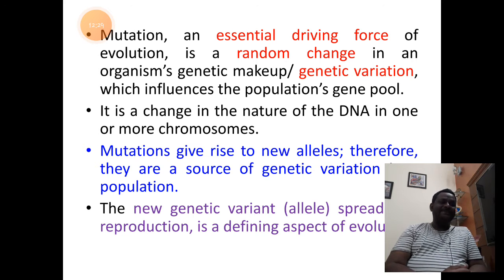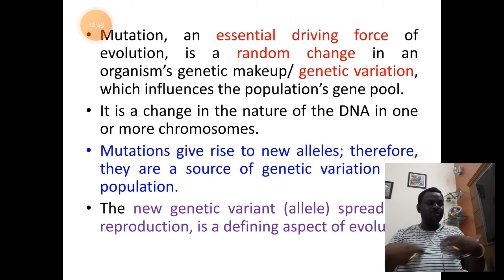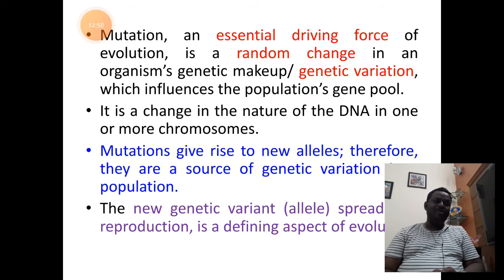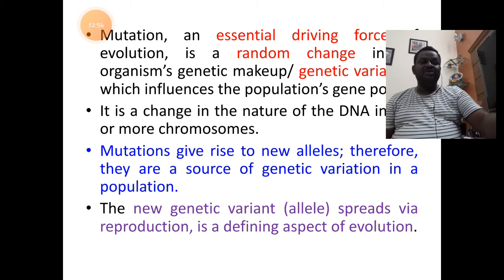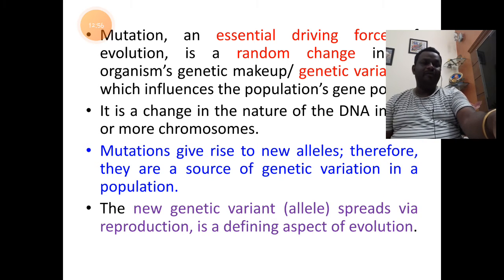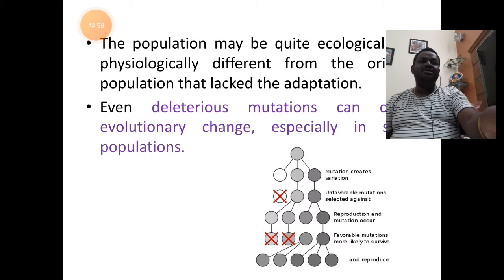Hence, mutation acts as a primary source of genetic variations, and the third impact is that these genetic variants or new alleles now spread through the process of reproduction, forming a new species of organisms.